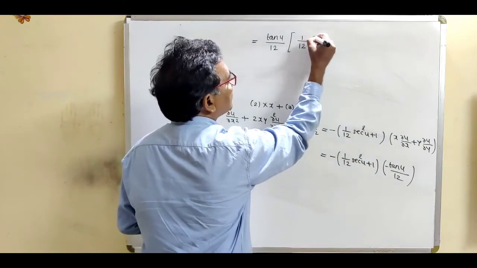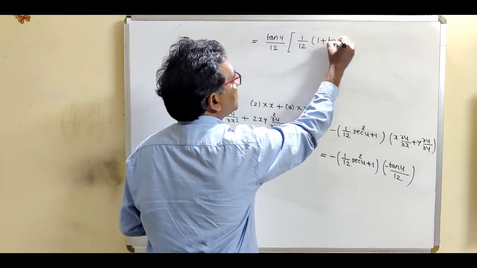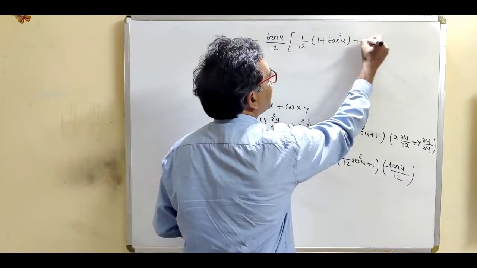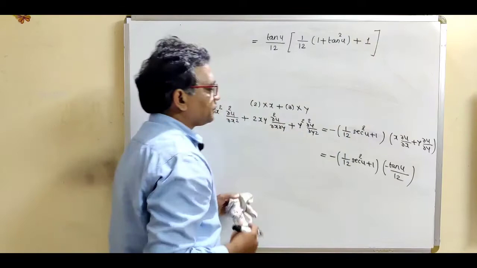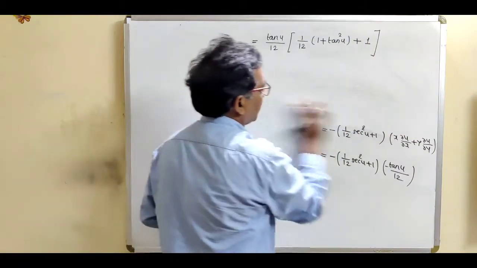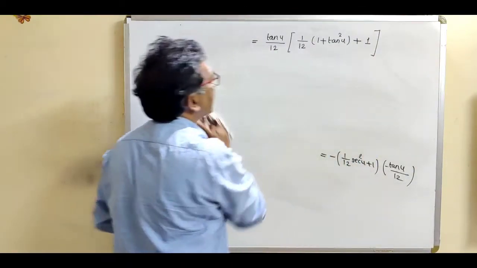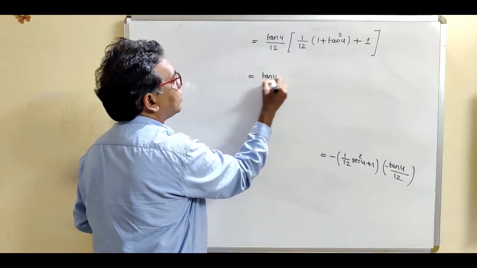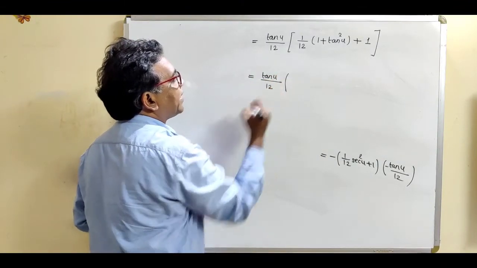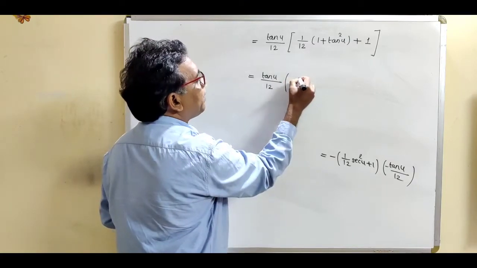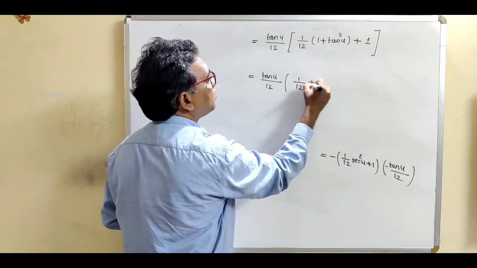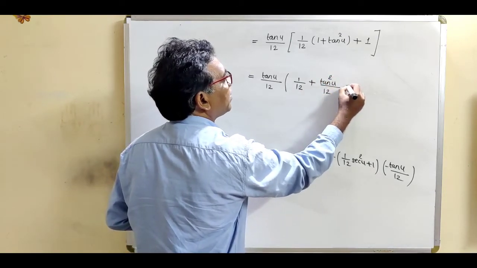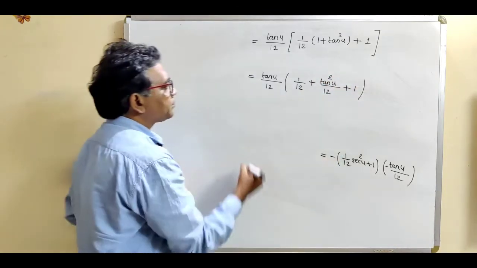Now put this value for sec square u. Sec square u means 1 plus tan square u. So it is sec square u plus 1. So this is equal to tan u divided by 12, just multiply by 1 upon 12, so this is 1 upon 12 plus tan square u divided by 12 plus 1.